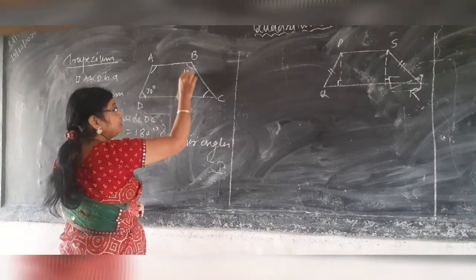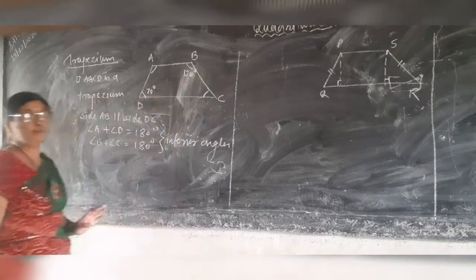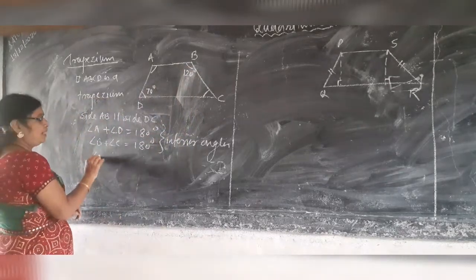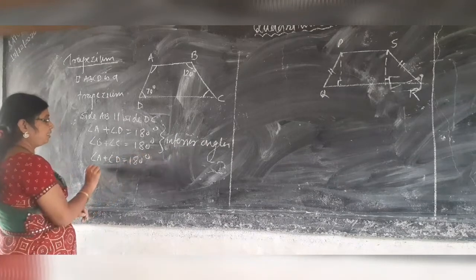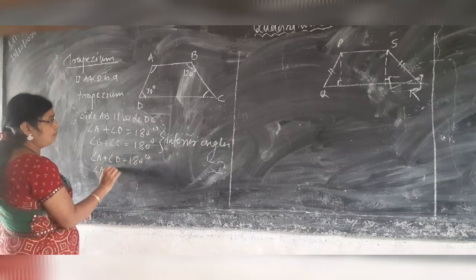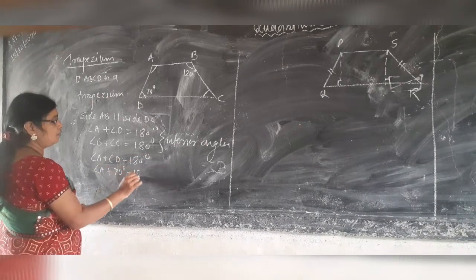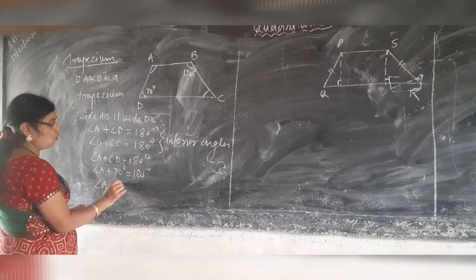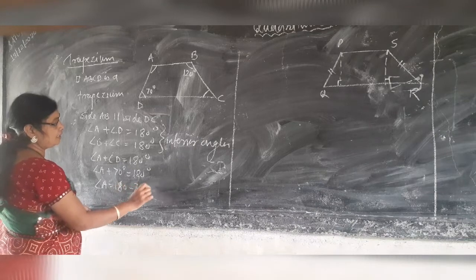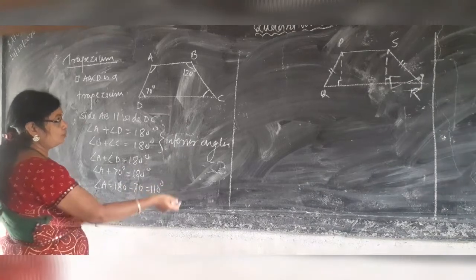Now if this angle is 120 and this angle is 70, how will you find it? Angle A plus angle D is equal to 180. So angle A plus 70 is equal to 180, means angle A is equal to 180 minus 70, that is 110.